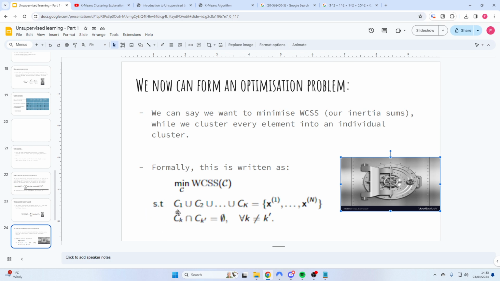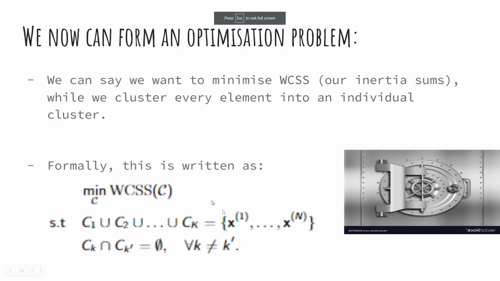And we also say such that C1, our first cluster, or our second cluster, or every single cluster, is every single element, so every element belongs in a cluster. And also, this says one cluster and another cluster is empty. There's no two, which just means every element belongs in at most one cluster. So every element has a cluster, and also every element only has that one cluster, pretty much. And that's just the formal way of writing it.